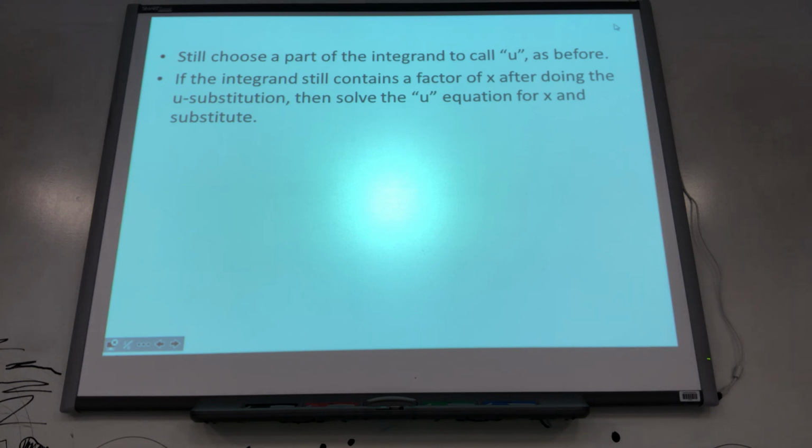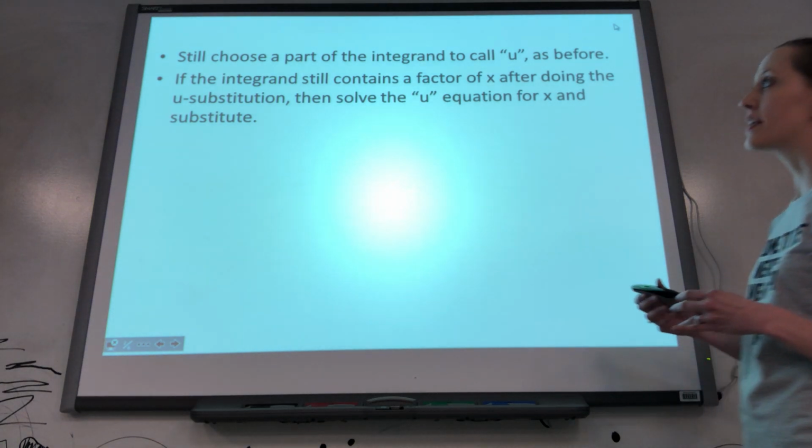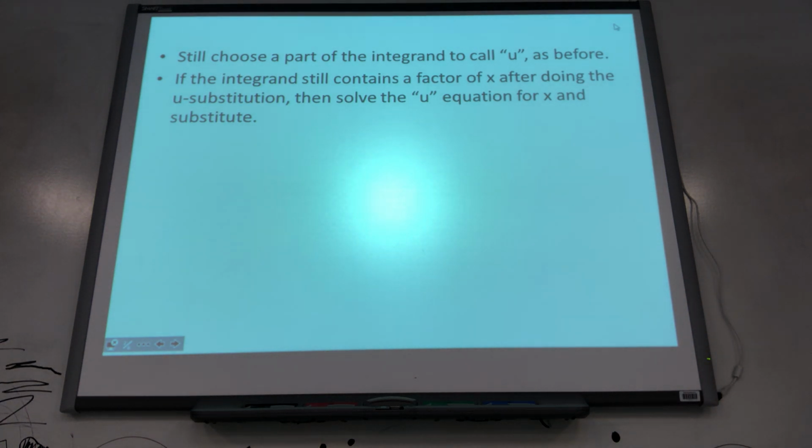Got a lot of variables going on up here. Solve the U equation for x and substitute. Like most things in math, I give this to you, it probably doesn't make a whole lot of sense right now. It'll become more clear once we see this happen with the examples.